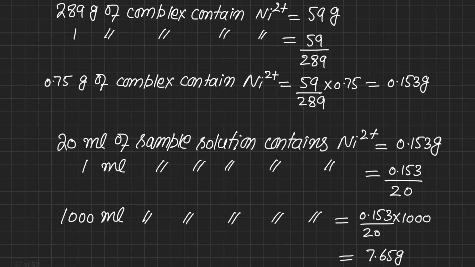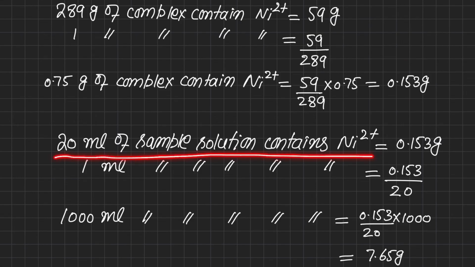Remember that in the question we have to find the amount per liter. We originally took only 20 ml of sample solution. So this weight of precipitates, 0.75 gram, contains nickel 0.153 gram, and this nickel is present only in 20 ml of solution.